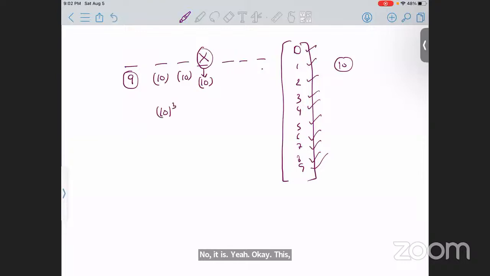So it is 10 cube into 9. Whatever you put here, you have to put the same on the other side.